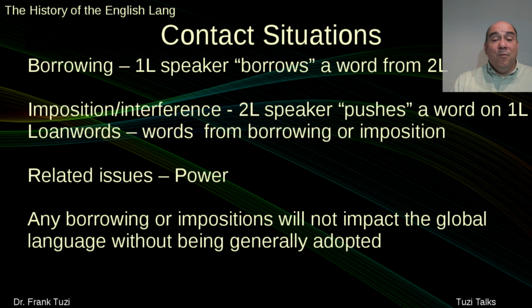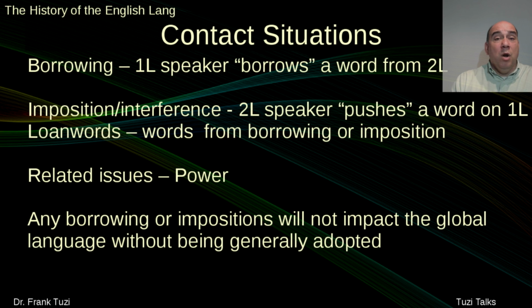We also can have words that are forced on us. These are words that we don't necessarily want, but we don't have much of a choice. And so borrowing is when I take a word from you. I steal a word from your language because I want to use it. I incorporate it into my language. Forcing it on somebody else would be called an imposition or interference, and that's where the second language speaker, probably someone who has power, like after a war, forces language upon you.